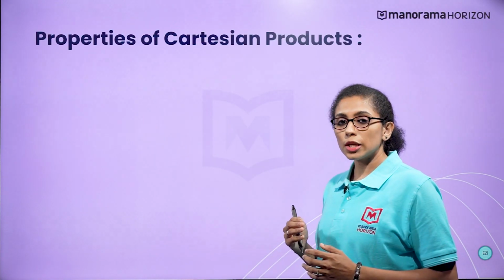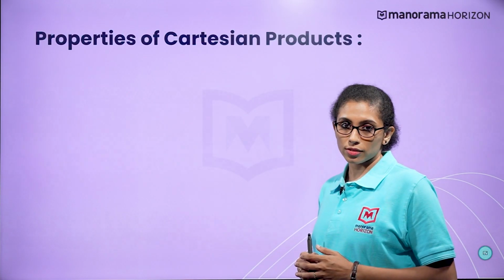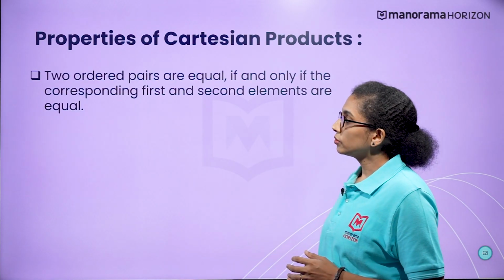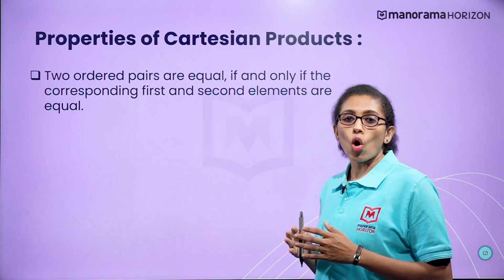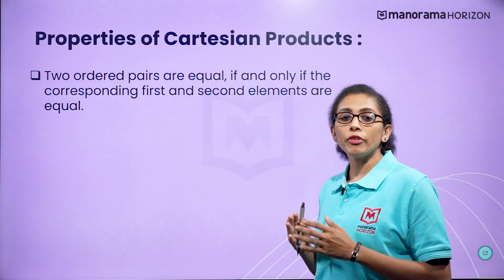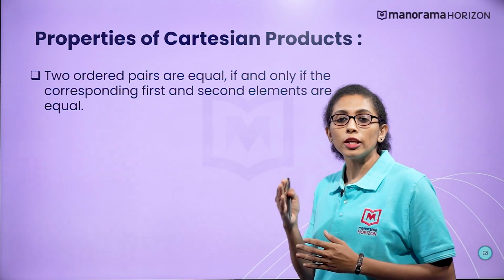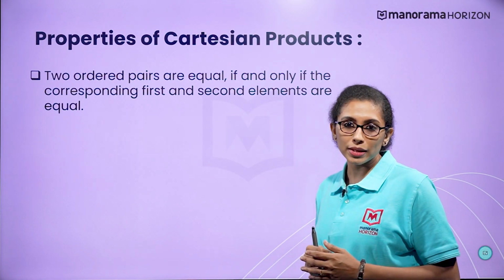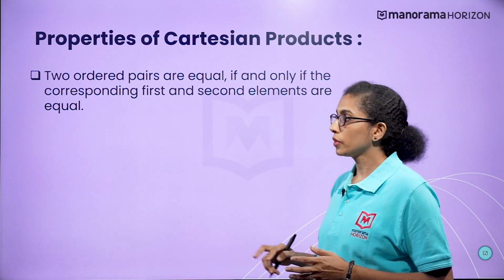Let's discuss some properties of Cartesian products. The first property: two ordered pairs are equal if and only if the corresponding first and second elements are equal.